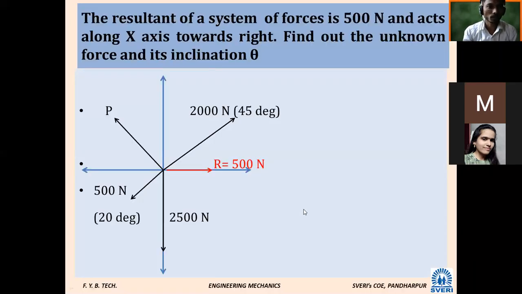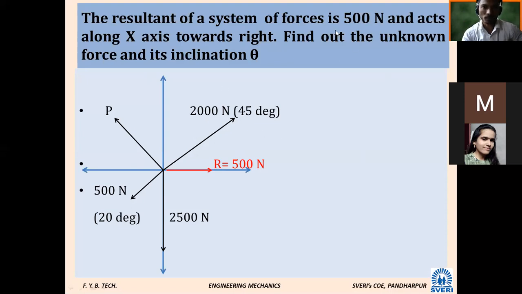So one example I have given to find R. Actually R is given and we are supposed to find value of P. So what we were doing in this subject: value of R is given, force system is given, and we are supposed to find unknown force P and angle made with that force.